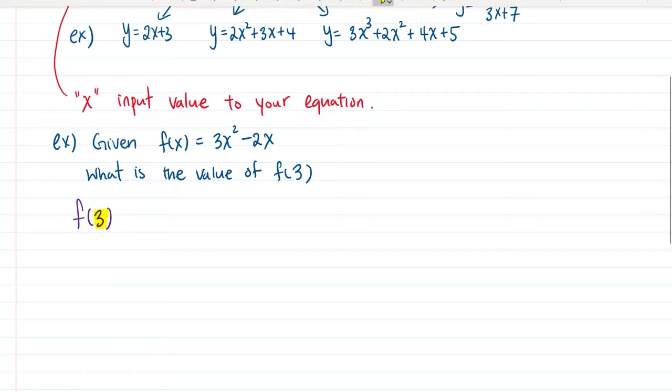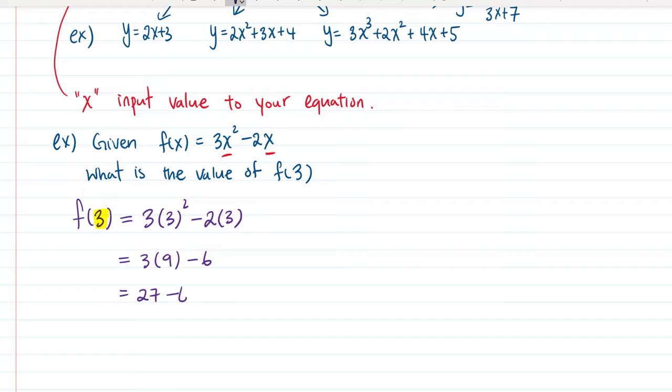So we've got x over here and x over there. We're going to replace all the x with 3, like this, and then you just need to compute the equation on the right side. That will be the value of f of x when x is equal to 3.